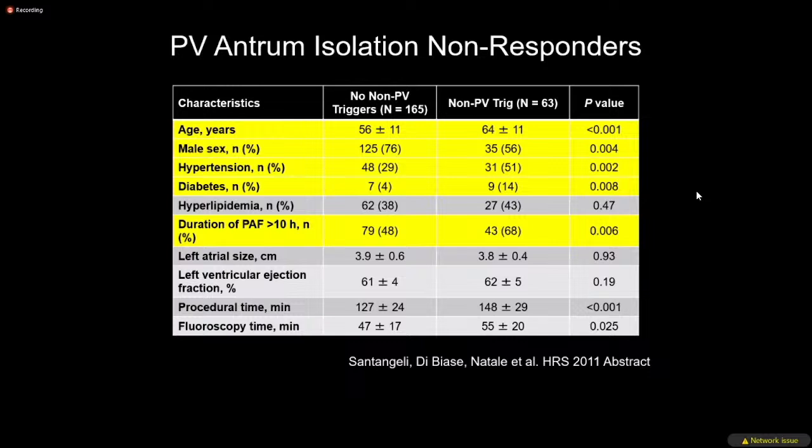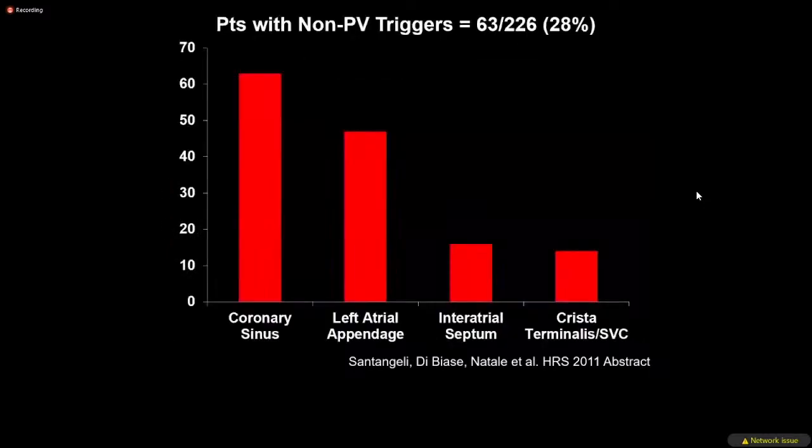But one variable that you need to ask your patient is duration. People that have AF episodes that consistently last more than 24 hours, those are people where you need to make an extra effort to look for non-PV triggers because they're kind of moving towards being persistent. So that's something that is important.